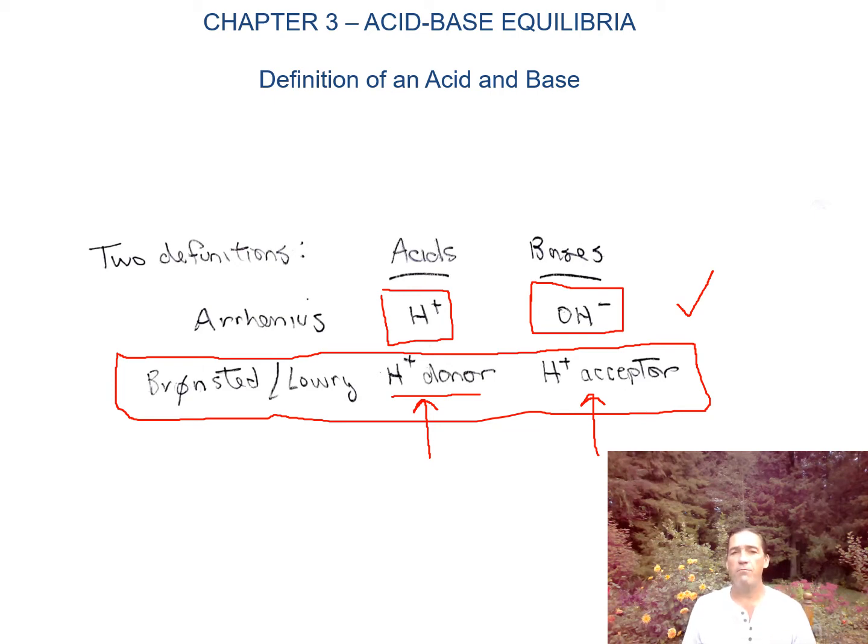H+ comes off the molecule. That is now considered an acid. And for a base, anything that accepts that proton is now a base. So it's not just OH- hydroxide accepting a hydrogen ion to make water. Now it's any molecule that accepts a proton. So now we can consider silicate and carbonate as a base.